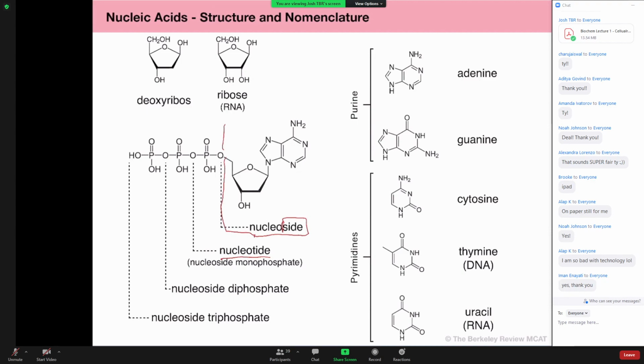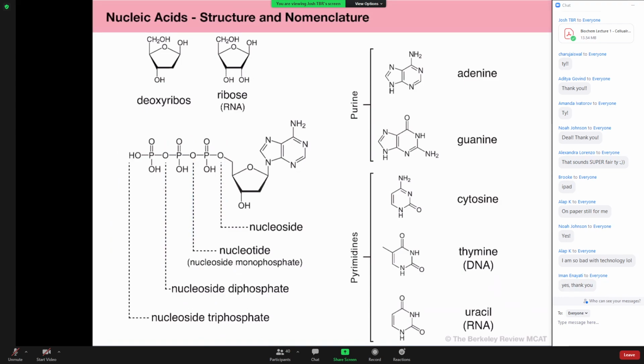A nucleotide is anything that has one or more phosphate groups attached, right? So you can imagine, this is a nucleotide, this is a nucleotide, and this is a nucleotide. Okay. So far, so good. Right. And these again are just free points.